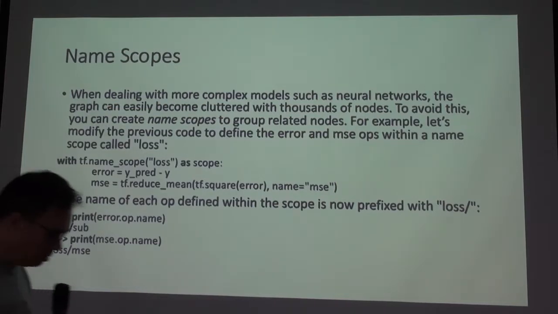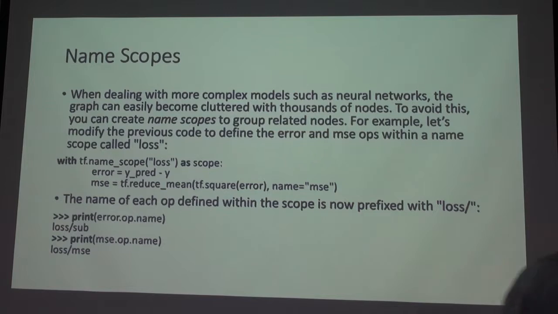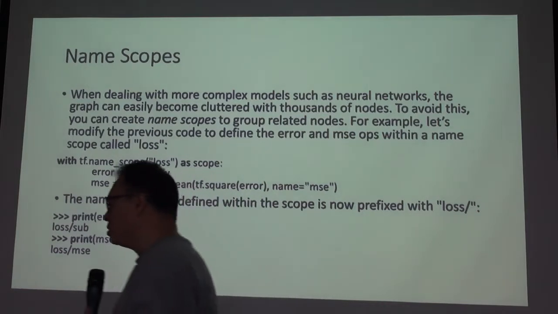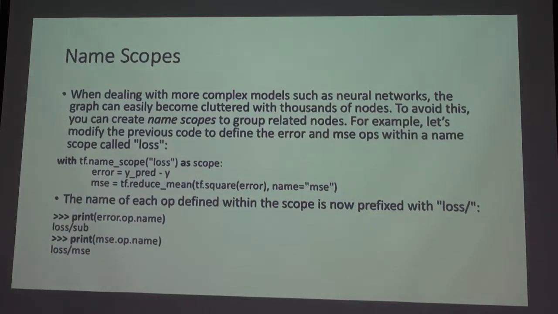Then we will talk a little bit about name scopes, and some detail about name scopes in TensorFlow, and then we can use TensorBoard to show you the differences between these approaches.